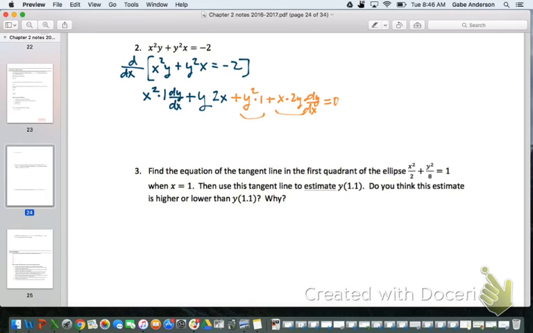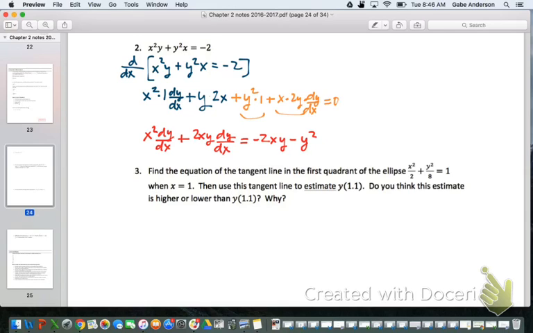If I did that, it'd be x squared times dy/dx plus 2xy dy/dx equals negative 2xy minus y squared.